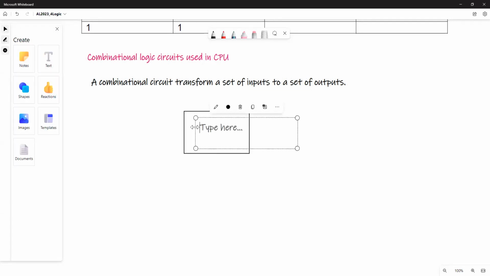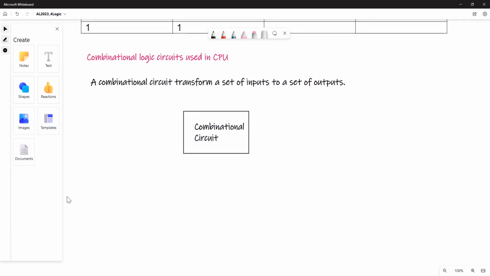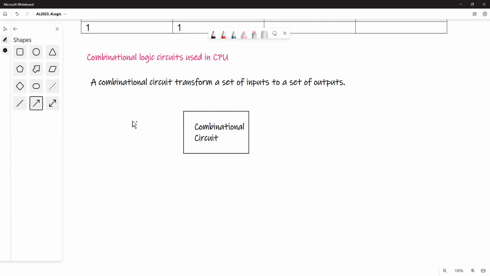This is the, let's say, combinational circuit, right? So in a combinational circuit, this is what we have. And what we have is inputs, right?